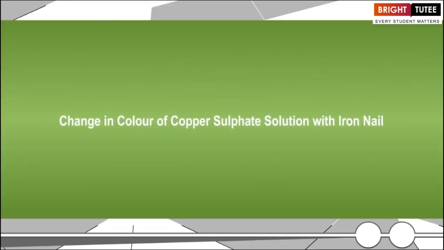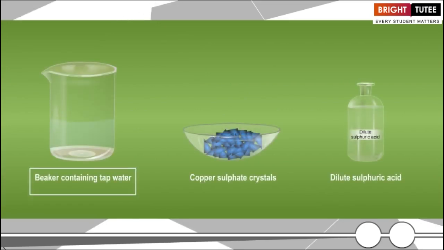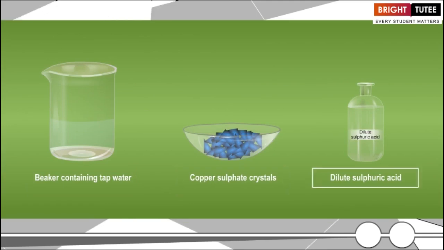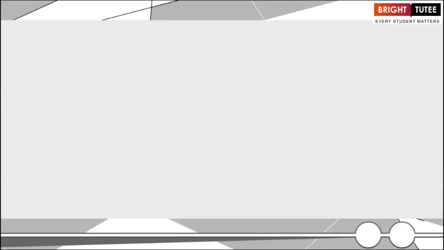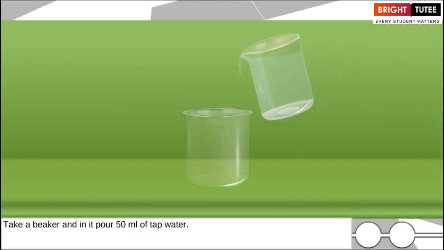Change in color of copper sulfate solution with iron nail. Materials required: beaker containing tap water, copper sulfate crystals, dilute sulfuric acid. Method: take a beaker and in it pour 50 ml of tap water.